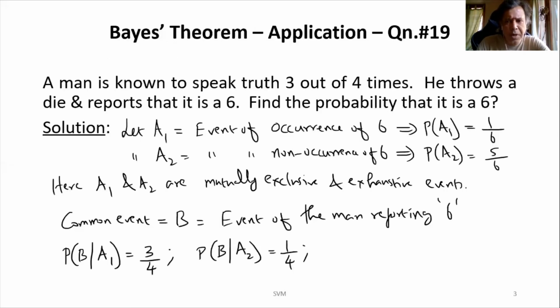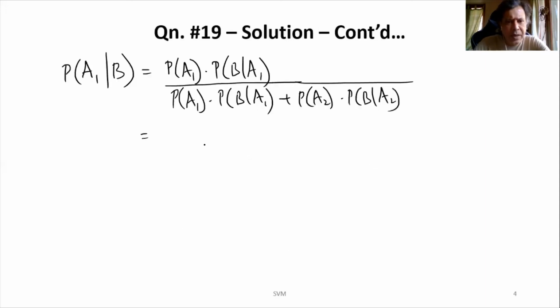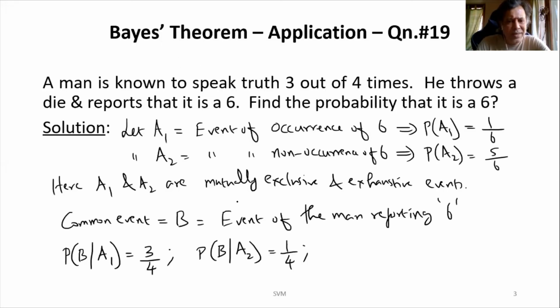Now let us find out what are all the values. Probability of A1 and probability of A2. A1 it is 1 by 6, A2 it is 5 by 6. What is B given A1? It is 3 by 4 and B given A2 is 1 by 4.